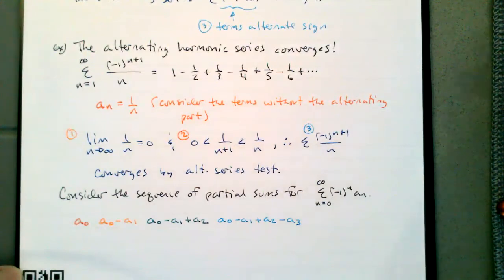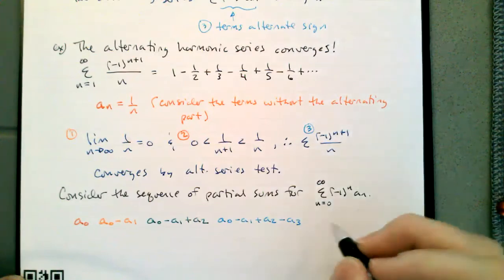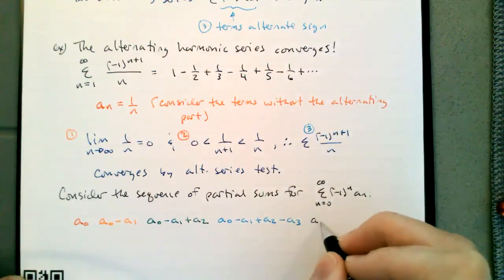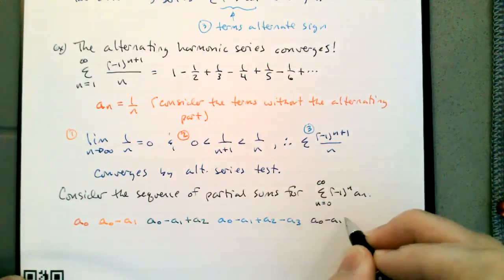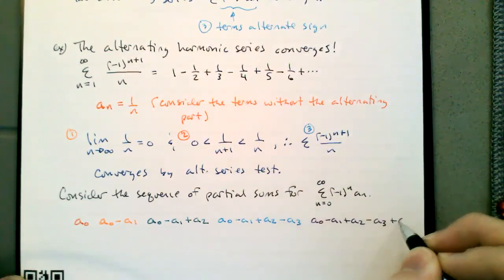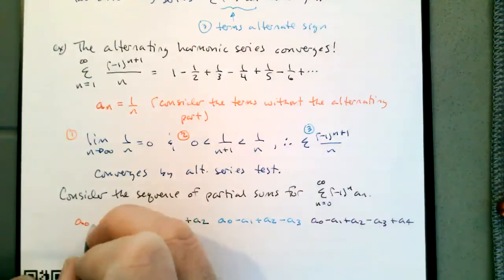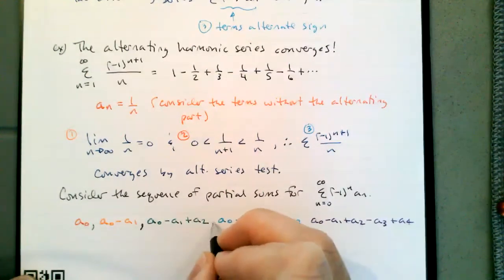Because the sequence of partial sums just means put on another term. Then a_0 minus a_1 plus a_2 minus a_3 plus a_4. So here's the first 5 terms of the sequence of partial sums.